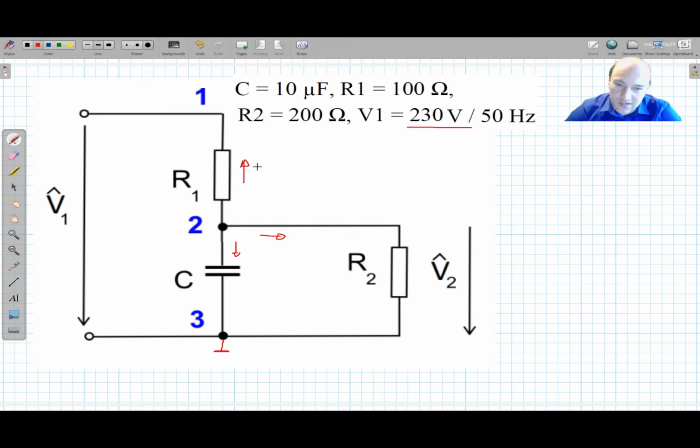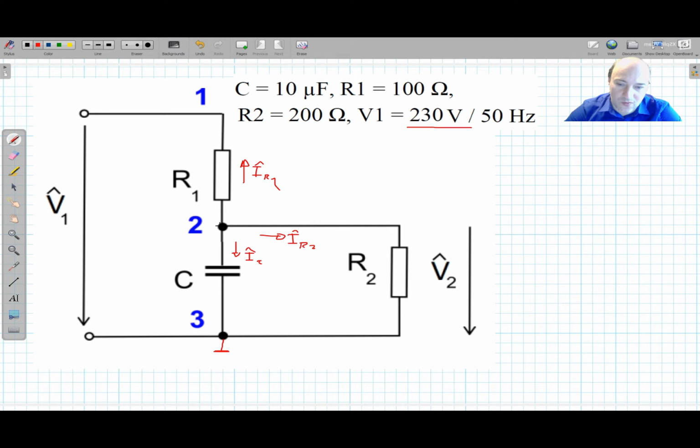So now we need to sum the currents IR1, IR2, and IC, and we know that the sum of all those currents will be equal to 0. So let's write the currents.